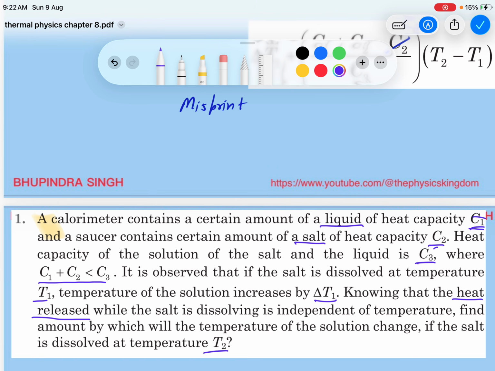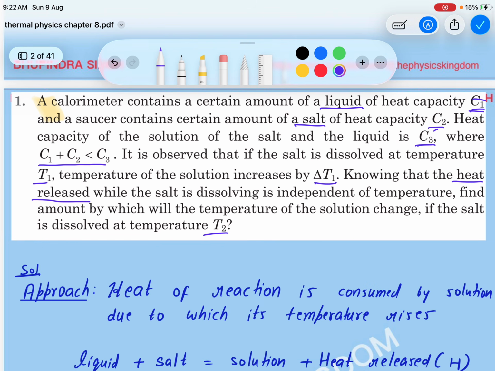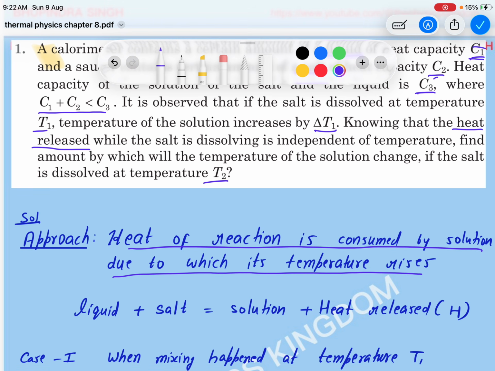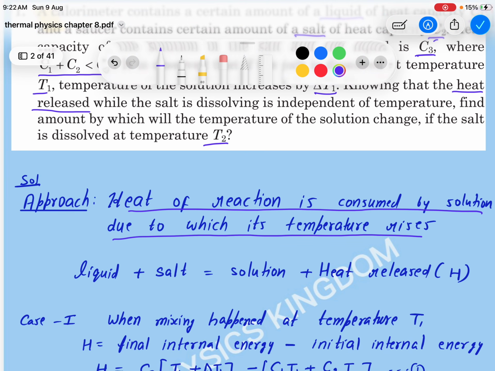So obviously now the heat released is the same, so that's why the change in temperature can be different. Okay, so that should be our approach: the heat of reaction is consumed by the solution, due to which its temperature rises. So basically I am writing the reaction: liquid plus salt is equal to solution plus heat released. So that heat released is say H.